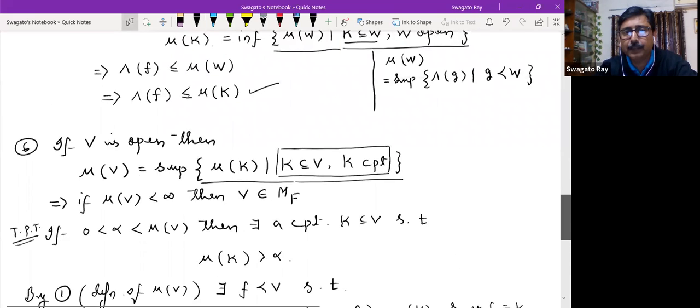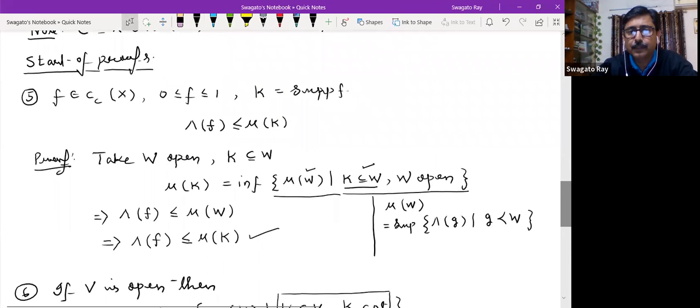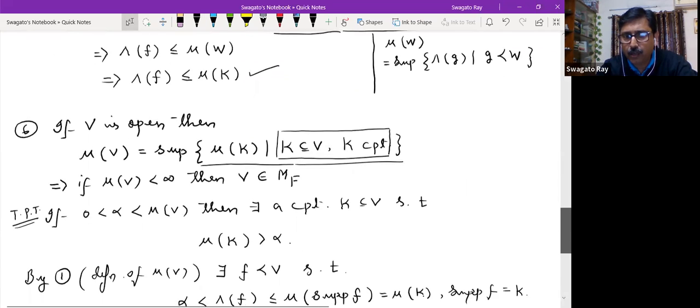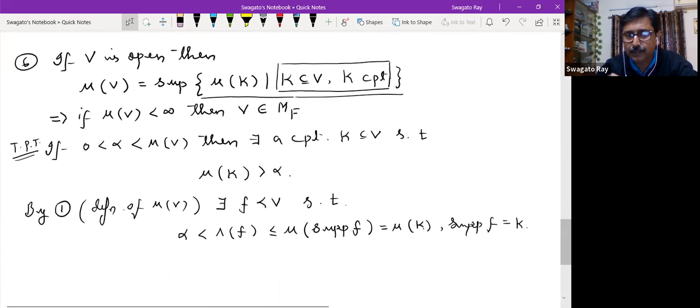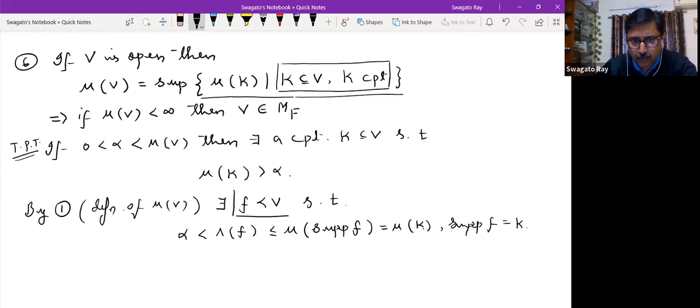Let me again go back. See, this is what I'm using. So the F which I got, that is this F, it has a support. It's a CC function. So lambda F is less than or equal to mu of K. Right?